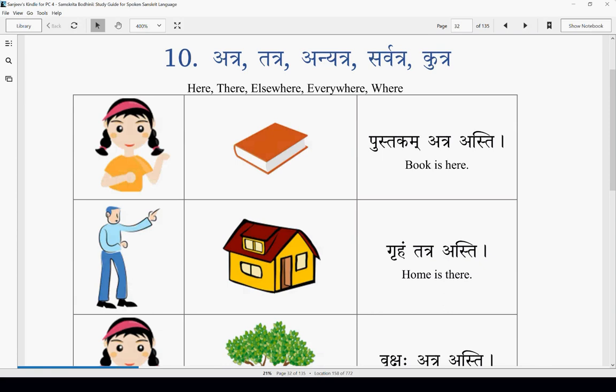Next one: Atra, Tatra, Anyatra, Sarvatra, Kutra.